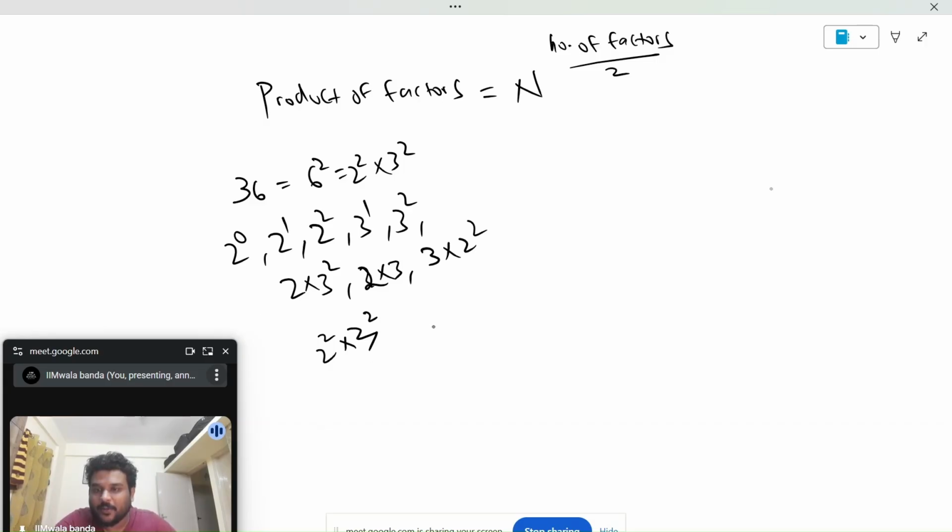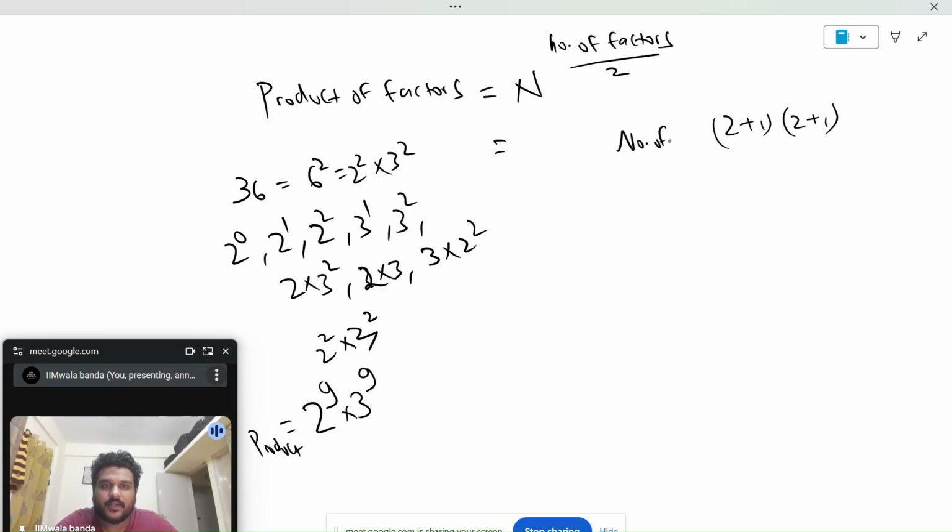Now, when I make a product, the powers will get added, correct? So power of 2 will be, add the powers, 0 plus 1, 1, plus 2, 3, plus 1, 4, plus 1, 5, plus 2, 7, plus 2, 9. Similarly, 3 powers will be 1 plus 2, 3, 4, 5, 6, 7, 8, 9, right? So in this case, you know the number of factors was 2 plus 1 into 2 plus 1, right?